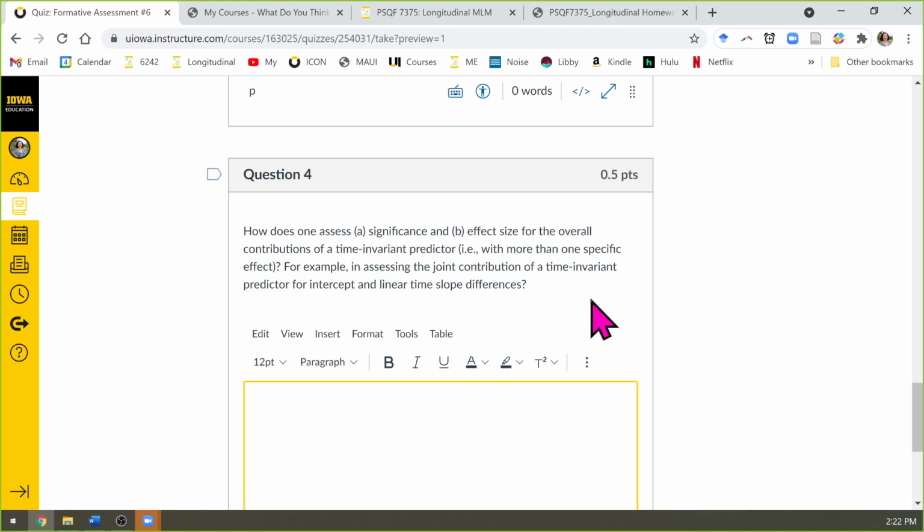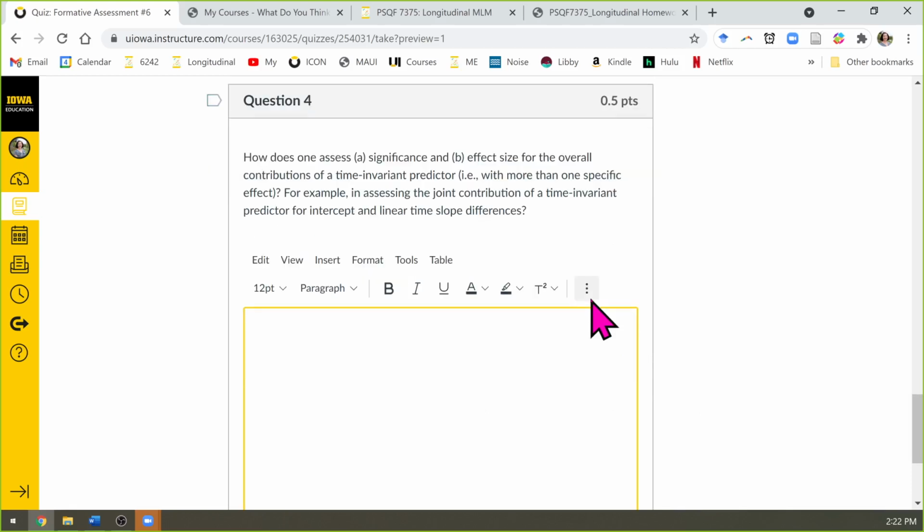All right. And effect size. If I want to talk about the effect of a predictor as a whole, combined across multiple slopes, how could I do that? I could do it by reporting separate pseudo R-squares for each of the variance components, or I could do something else. What's that something else?